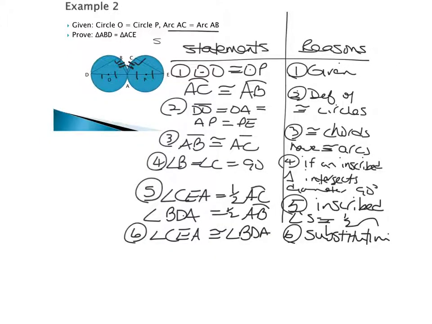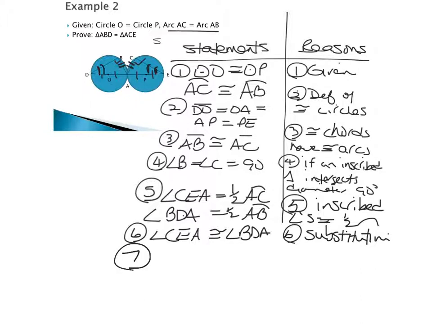Now I actually have another angle here. So this angle is congruent to this one, and this one to this one. Now I actually have a shortcut, and I can use angle, angle, side to show that these two triangles are congruent.